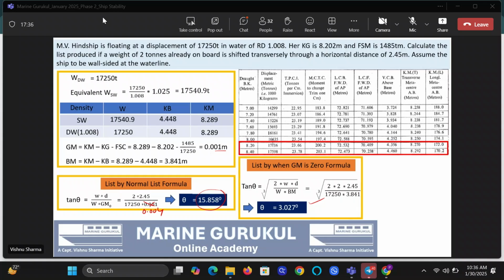Akshay, how much has it come? 4.062, 4 degrees. You see, the moment it has come to 0.004, it has come to 4 degrees, which is reasonable, right? Am I correct? Yes, right, sir. Correct. Right?